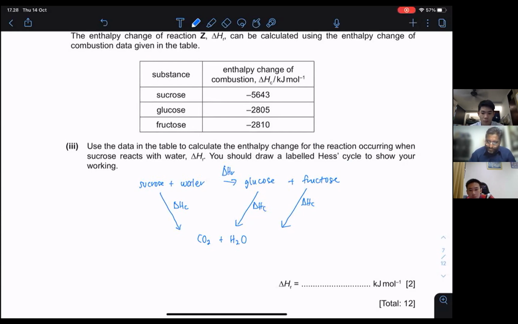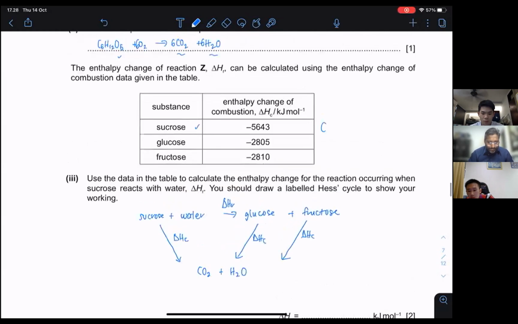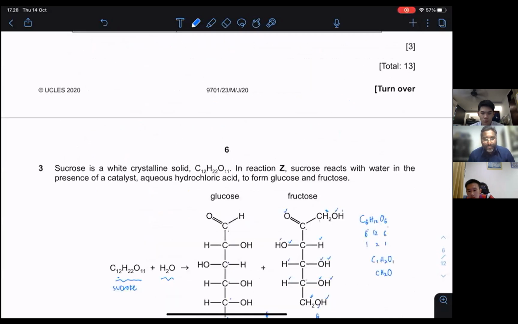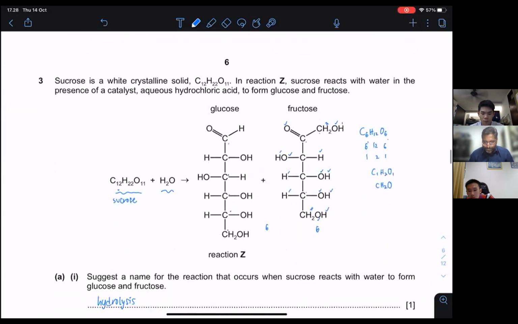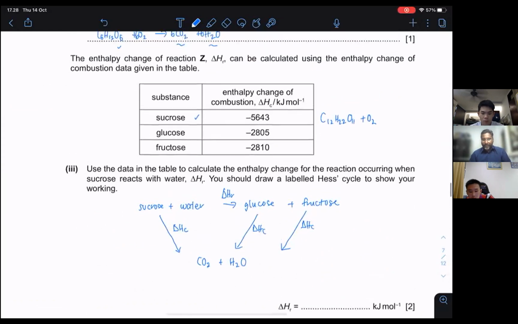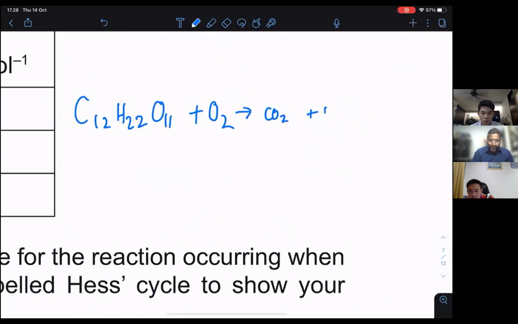But generally, when sucrose combusts, I can just write down sucrose, which is C12H22O11. When I add oxygen, they are going to give me carbon dioxide and water.